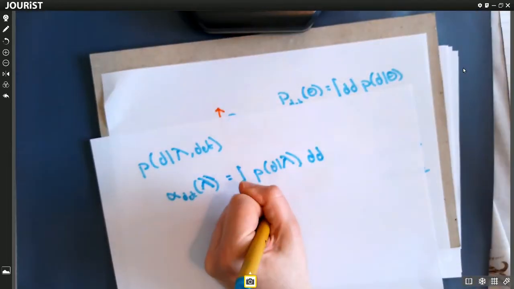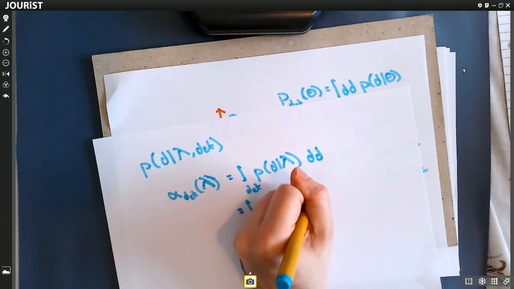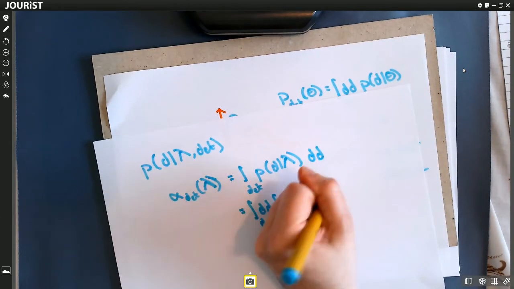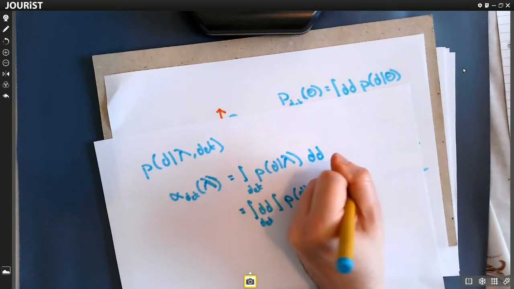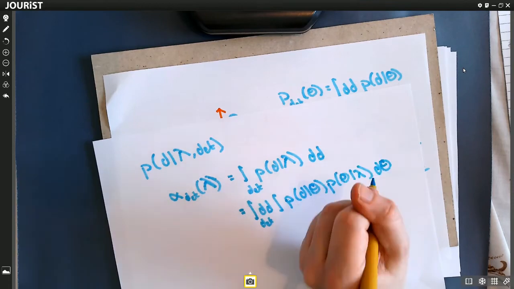So this here, p of d given lambda, is p d given theta, p theta given lambda, integrated over all values of theta.